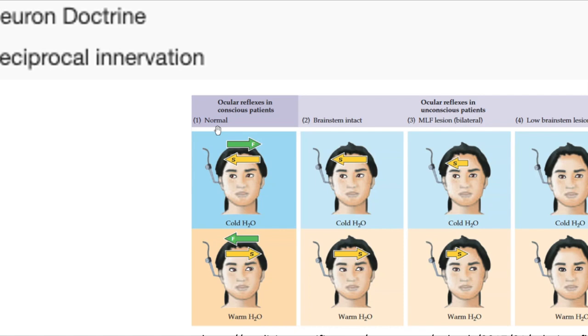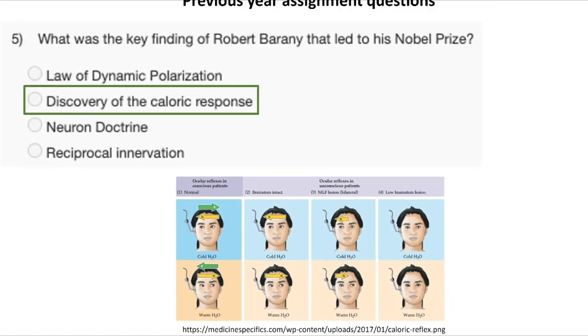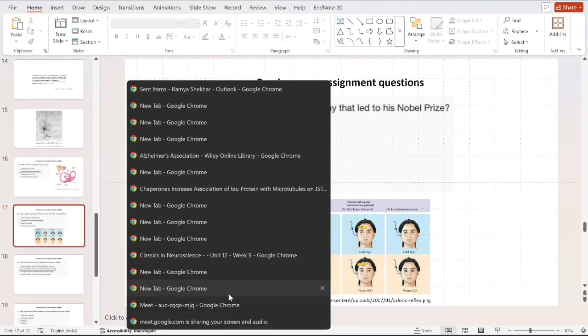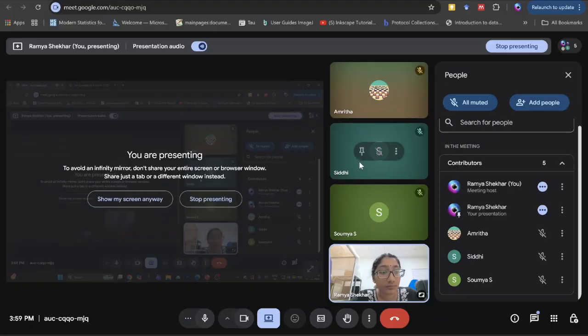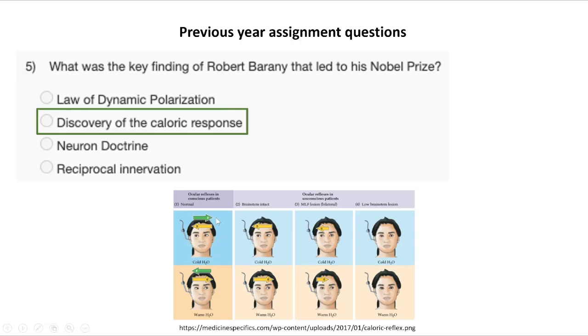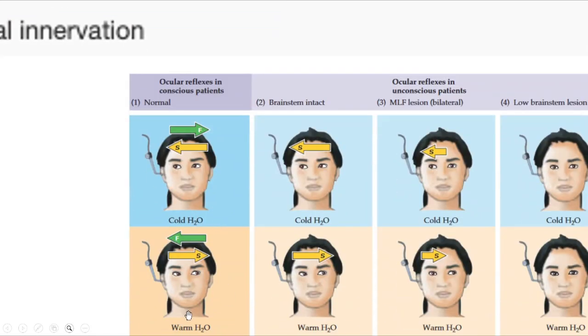So the sensitivity of the hair cells in the inner ear will differ. If the water is warmer than, say, 44 degrees Celsius, it will induce one kind of response. And if the water is colder than, say, 30 degrees Celsius, that will induce another kind of eye response.